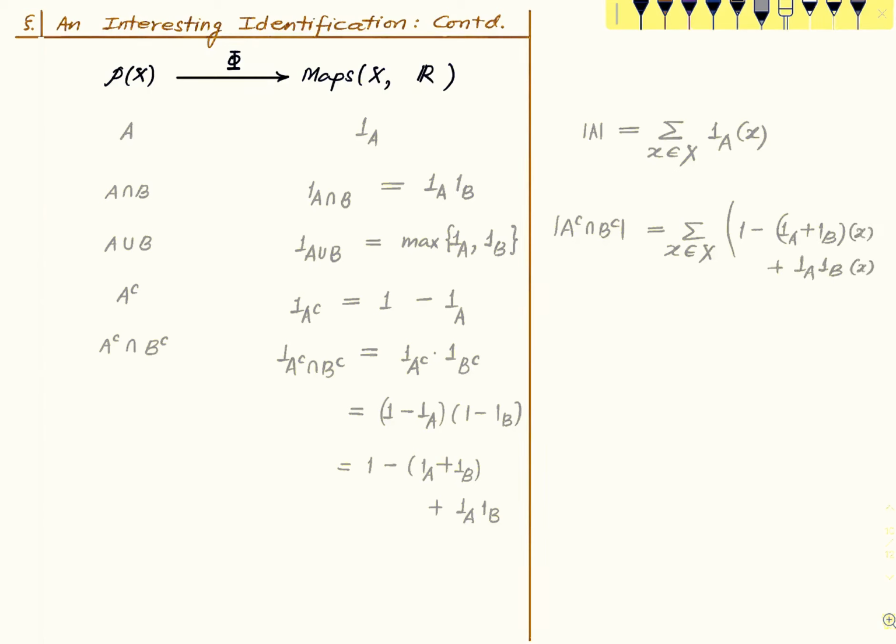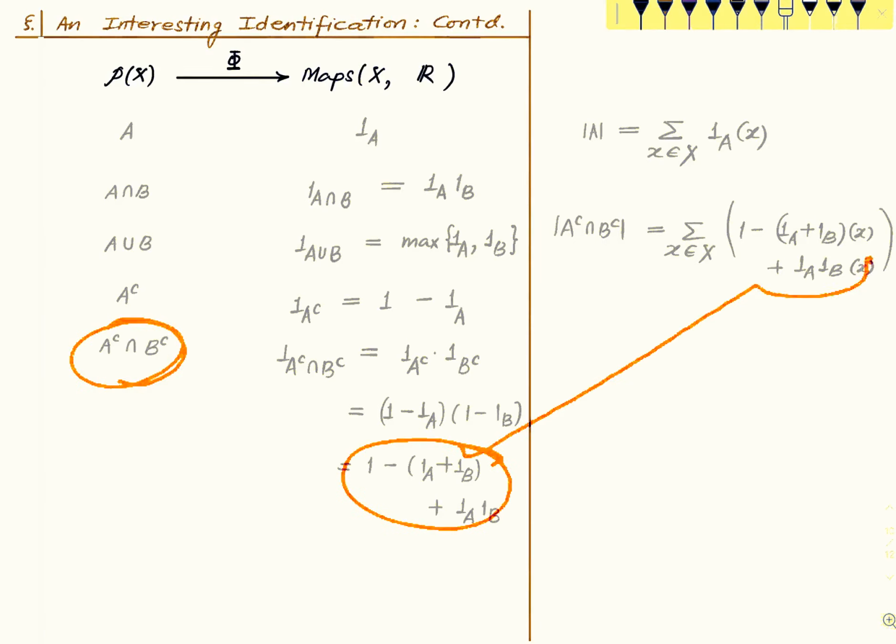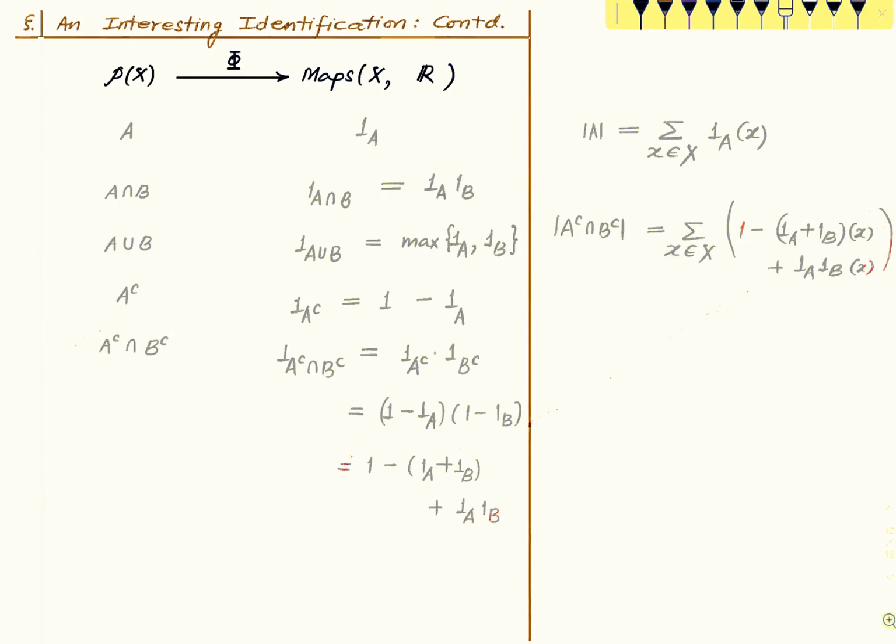So that's what the cardinality is, because A complement intersection B complement is that guy, and you just feed x to it, you get this number. And that is nothing but cardinality of X minus cardinality of A plus cardinality of B plus cardinality of A intersection B. Right? So this should remind us of the inclusion-exclusion formula, and it is definitely an avatar of it.